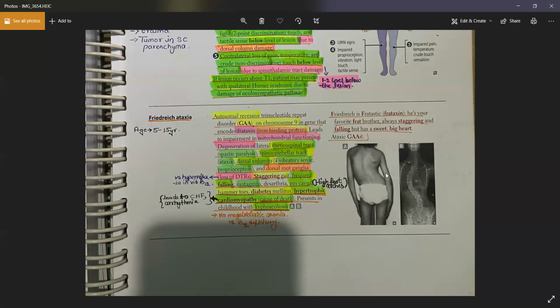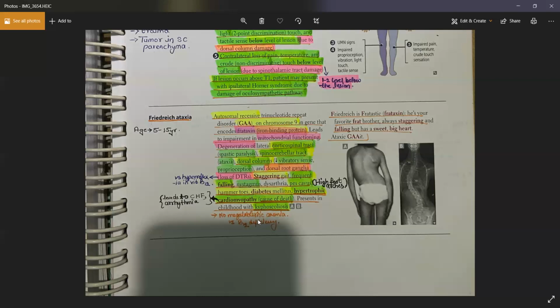Exactly. Because of the paraspinal muscles, the muscles around the spine, you're having an asymmetric kind of atrophy. Because of this atrophy, you're having abnormal contraction of the muscles, and because of that, you're having this curvature of the spine. Is that the same reason why we find kyphoscoliosis even in B12 deficiency? Yes.